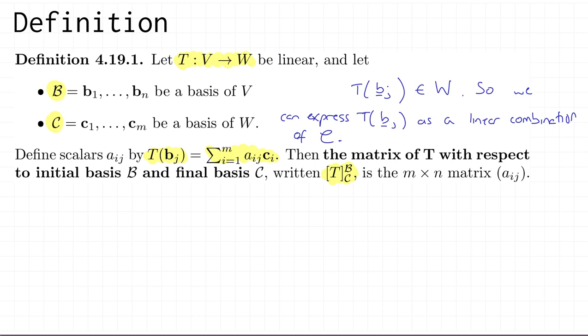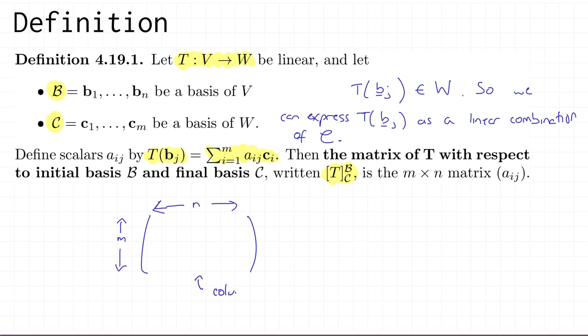Actually, before we do this, let's look at just what's happening in this matrix. So if we have our matrix, we know that it has m rows. We know that it has n columns, like this. And I'm going to think about what the jth column tells you.